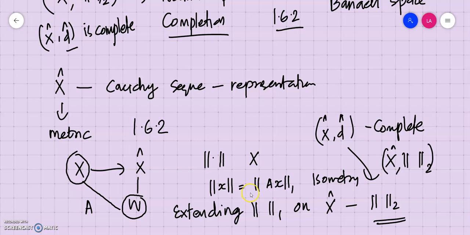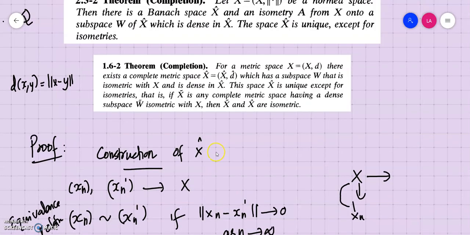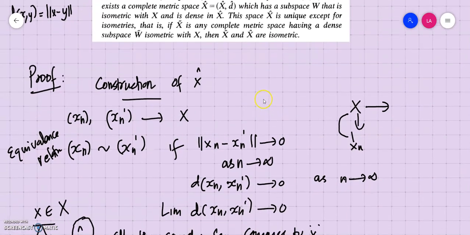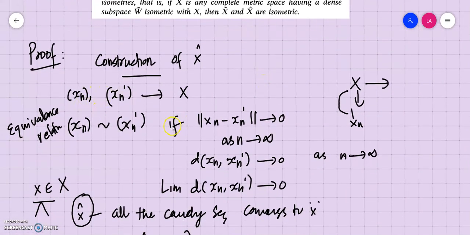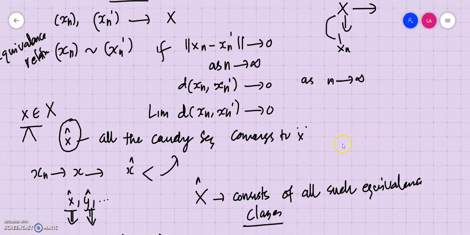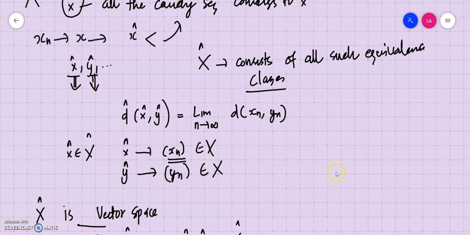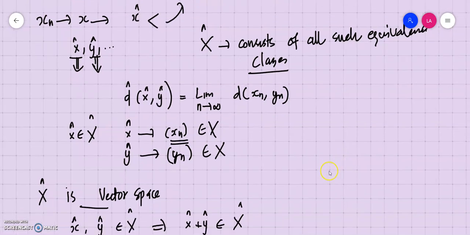So we have used the concept in the normed metric spaces to establish the completeness of the normed space. From X, we have constructed X cap by means of an equivalence relation, which is defined such that all the sequences which converge to a particular point can be represented by a single entry, and with respect to that equivalence class, we have defined vector addition and scalar multiplication.